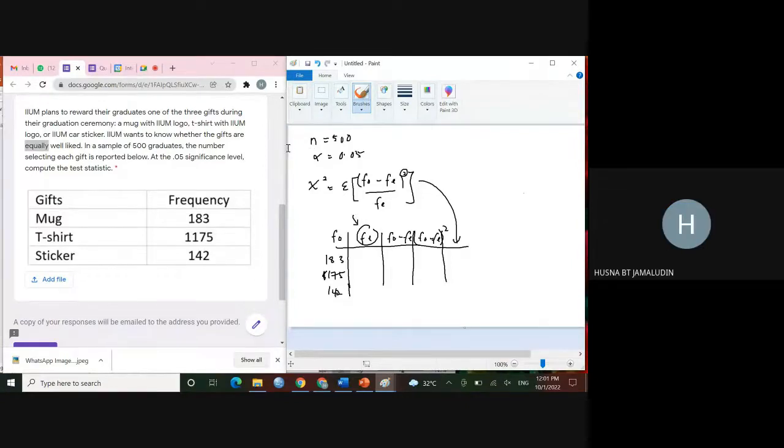Okay, cool. So basically in samples of 500, you can see that the total of all these samples should be 500. If you have 1000 here, it shouldn't be 1000, because in total it should be 500. But don't worry, it's fine. So the total of this should give you 500.